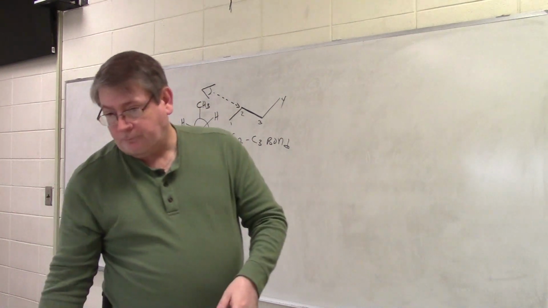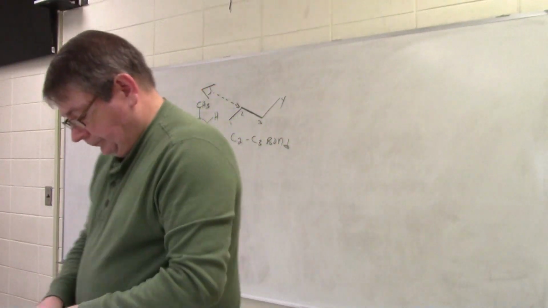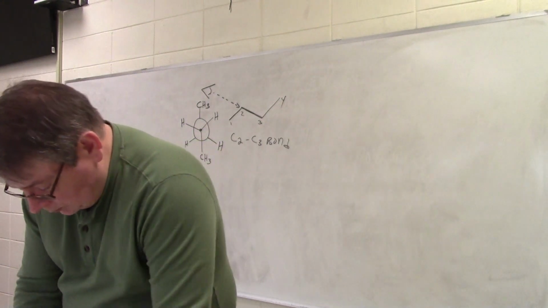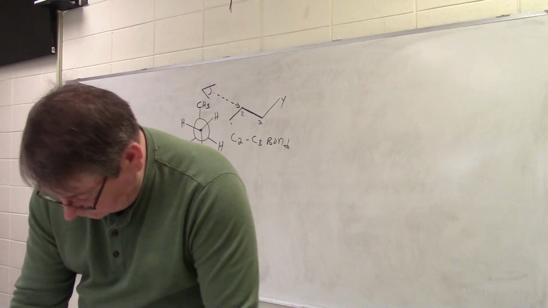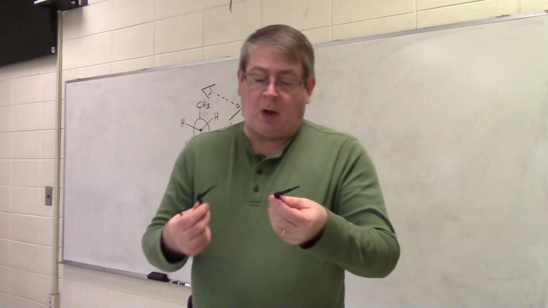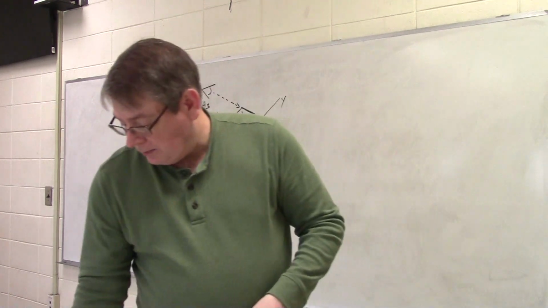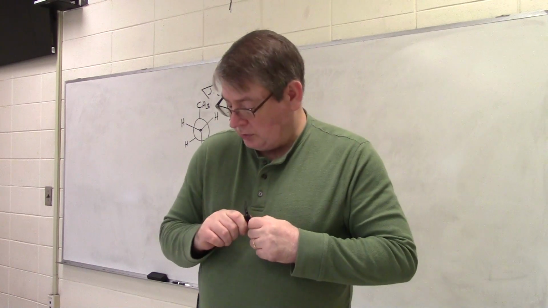So, let me see your model kit. Remember when we're putting together our model kit, we take 2 of the black pieces and snap them together. It'd be a good idea to have these already snapped together before you come into the exam on Tuesday.